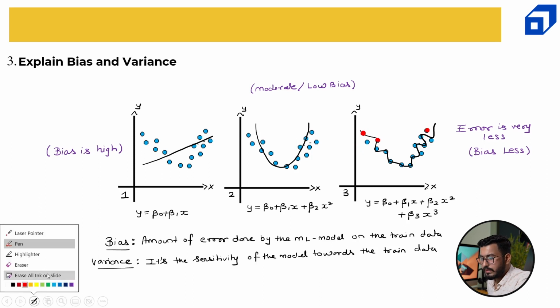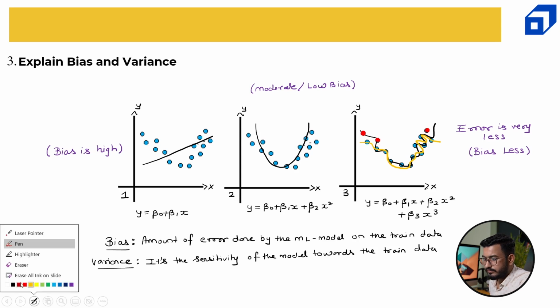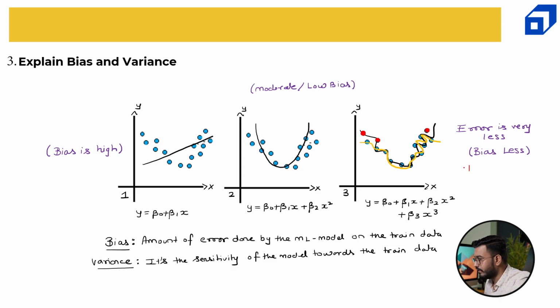My model will become something like this. So let me highlight it using orange color. So my model will then become like this. This is my another model, or maybe the model created after deleting these 3 data points. So since the impact is very high, this model is having high variance. So I'll write high variance.